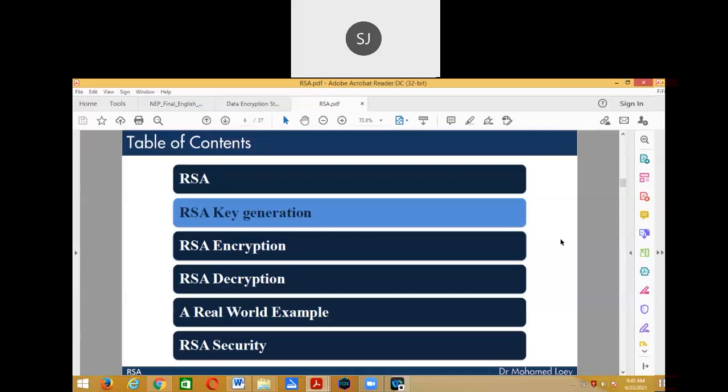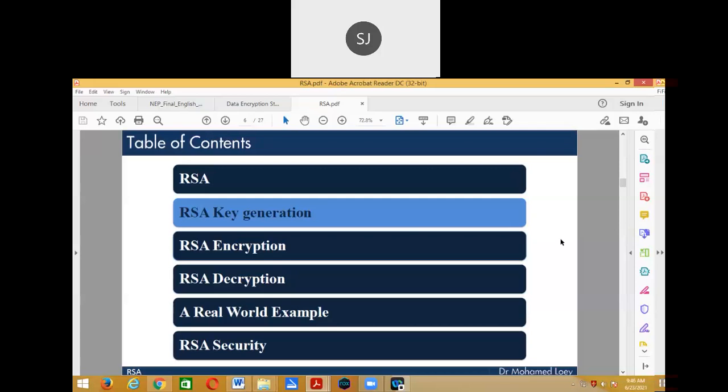Now compare it with symmetric key encryption. Here, are the encryption key and decryption key not different? The plain text is encrypted using the public key of the receiver, whereas it is decrypted using the private key of the receiver.